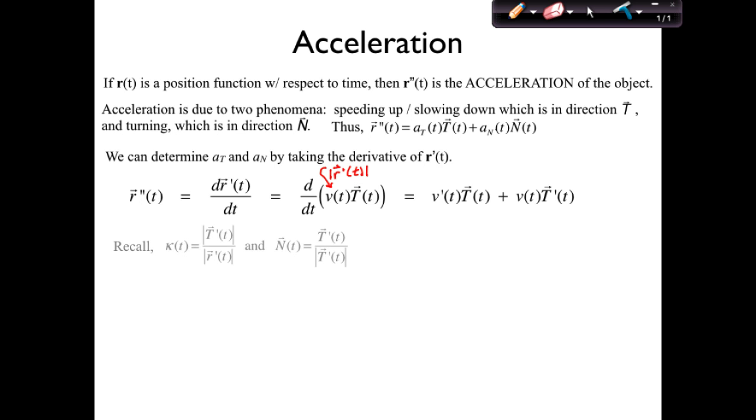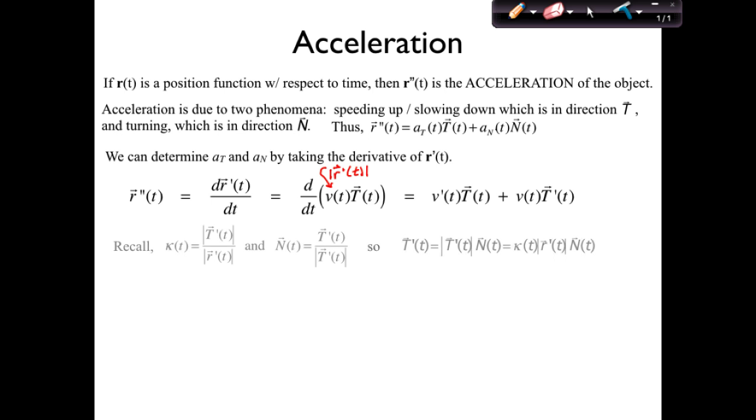That the curvature is the magnitude of T prime over magnitude of r prime, and that the normal is defined as the unitized derivative of the tangent function. So that's things from our past. So we're going to use those to change the form of this, okay?